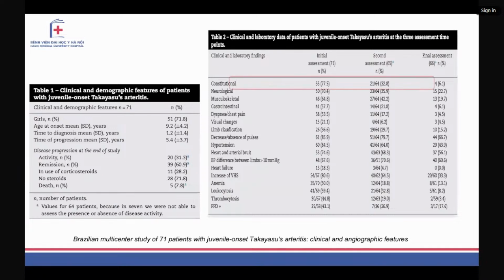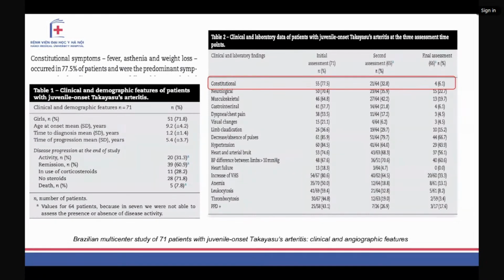So you can see here constitutional symptoms, for example, fever or weight loss, occurring in 77.5% of patients in the initial assessment, and the average time from symptom onset to diagnosis was 1.2 years, ranging from 1 to 4 years, and the disease progression lasts around 5.4 years.